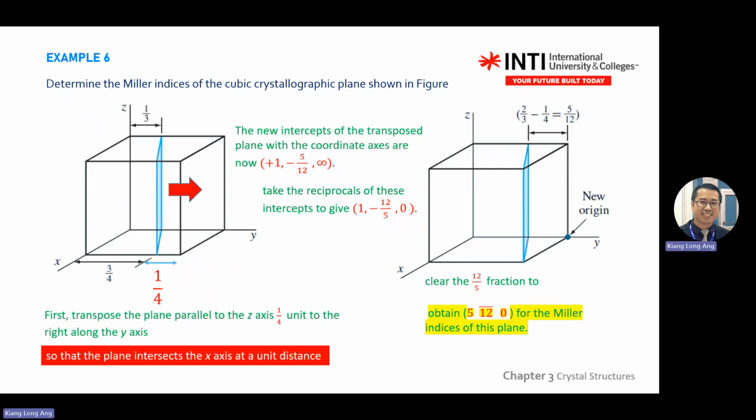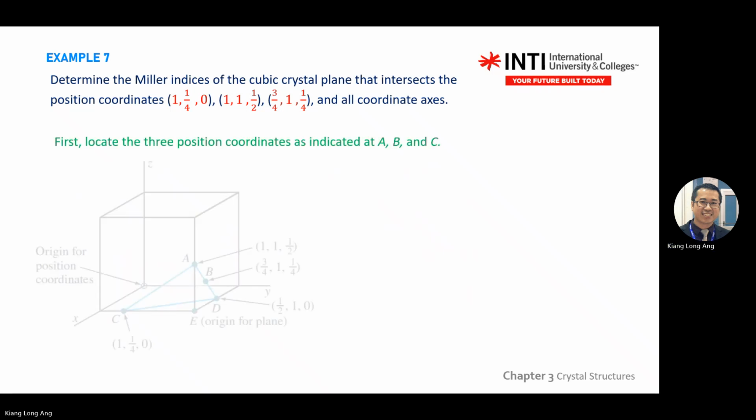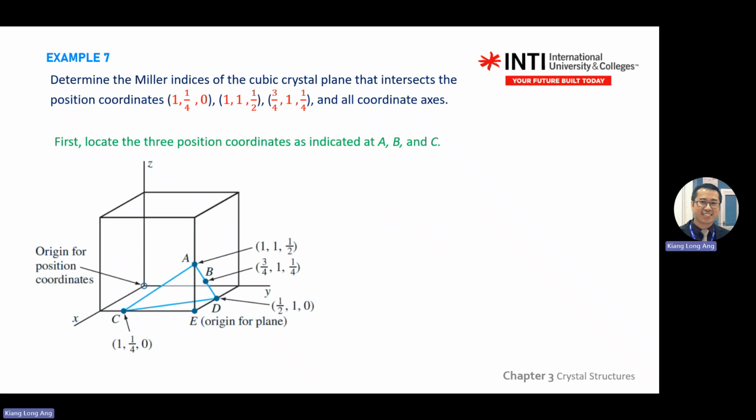So another example. Example 7, you're given coordinates with comma, comma, comma, right? So you have 3 coordinates. Again, the steps are the same. You draw the cube, mark your origin at the corner there. Then you put in the 3 values there. It's a bit complex, but you should be able to draw.